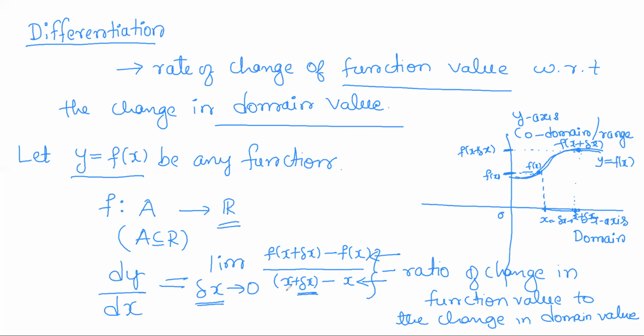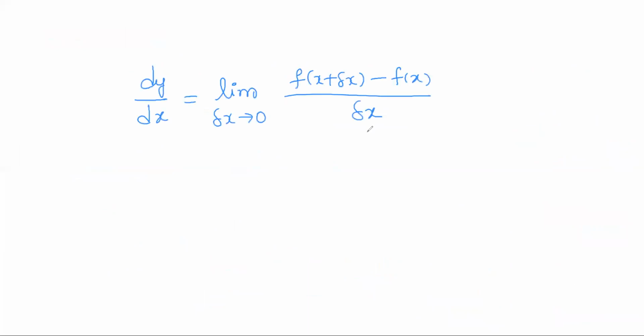The domain values are x plus delta x minus x, so the difference is delta x. So this ratio is nothing but the rate of change of function value to the change in the domain value. This is called the differentiation of y with respect to x.